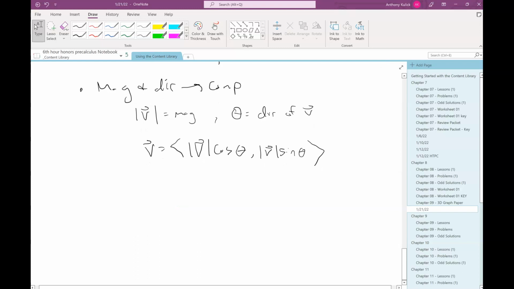When we did those vector problems in first semester, this is what we were really doing when we were adding the vectors together. We broke it down into an x part and a y part, and then added the x parts and added the y parts. The way we broke it down into x and y parts was doing the magnitude times cosine theta and the y parts magnitude times sine theta. So again, something we've already kind of done before. We're just formalizing it and using it in another place.